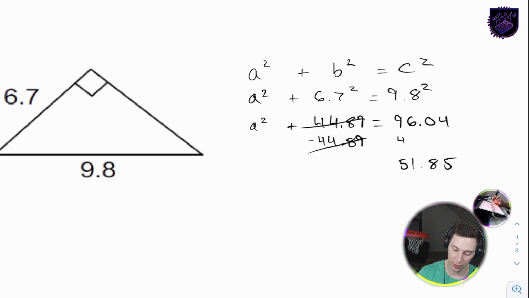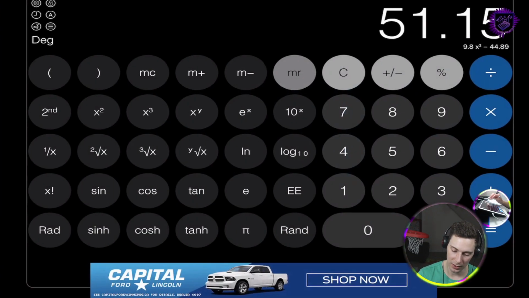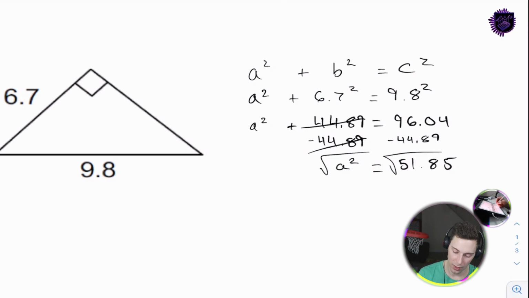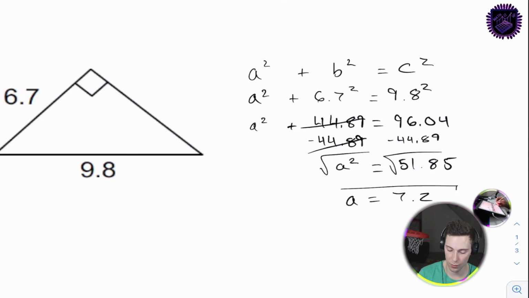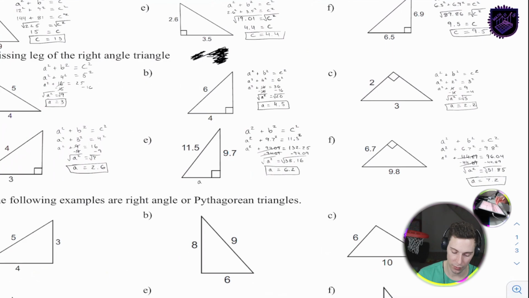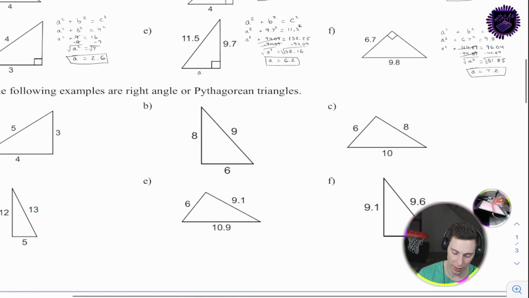On this side, 44.89 leaves us with the square of side A. A squared is equal to 51.15, so I can do the square root of these numbers to find side length A. The square root of 51.15 is 7.2. A will be equal to 7.2.